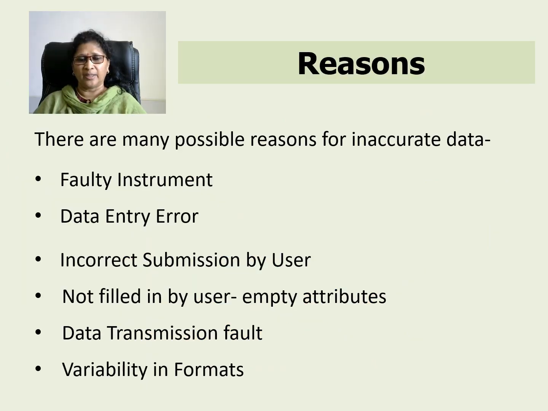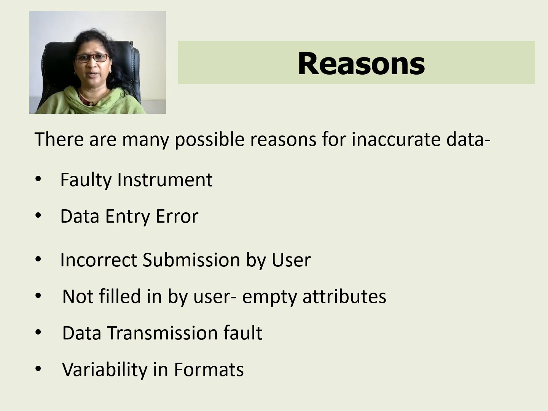Now there are many reasons why we get dirty data when we get it from a variety of sources. And this data which is incorrect is to be preprocessed. Data is inaccurate, which we say in other words is having incorrect attribute values. There are many possible reasons for inaccurate data. The data collection instruments may be faulty.